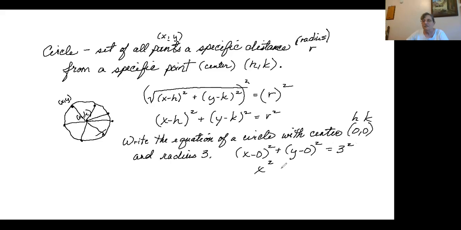So we get X squared plus Y squared equals 9.